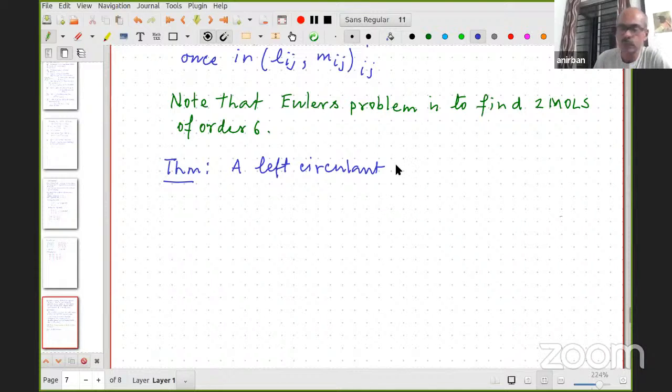It's better to understand this practically than to actually define it. It's a cyclic movement to the left or to the right, so it's either left circulant or right circulant.